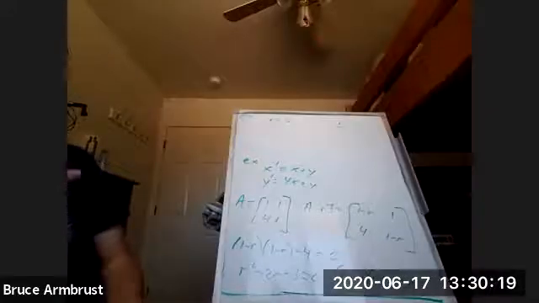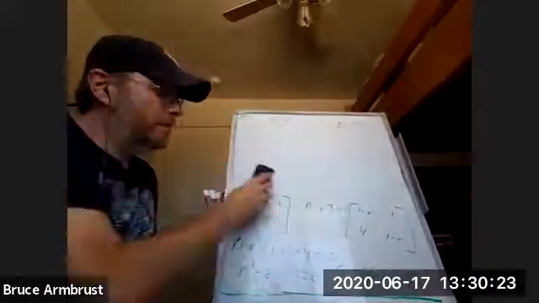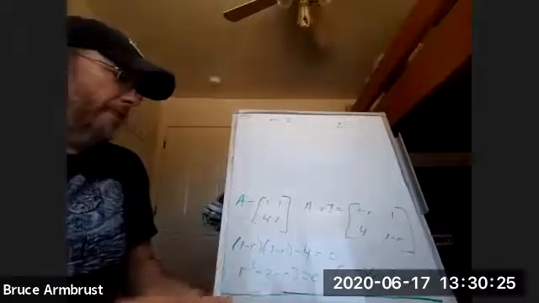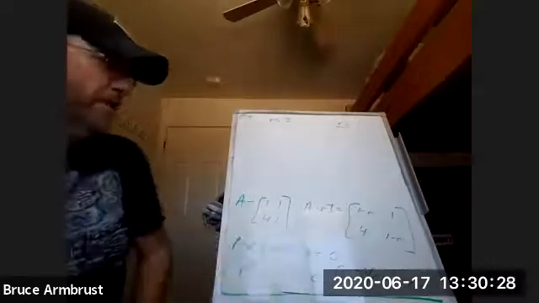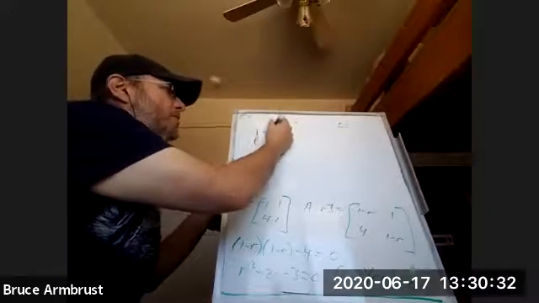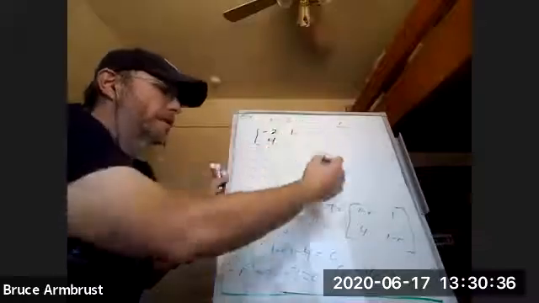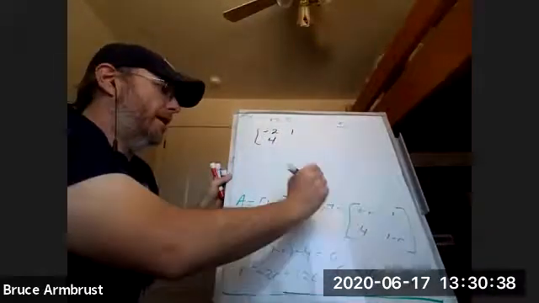So what we'll do is we'll plug in our R's. For the first one, when we plug in R equals 3 into A minus RI, we're going to get -2, 1, and then 4, -2.